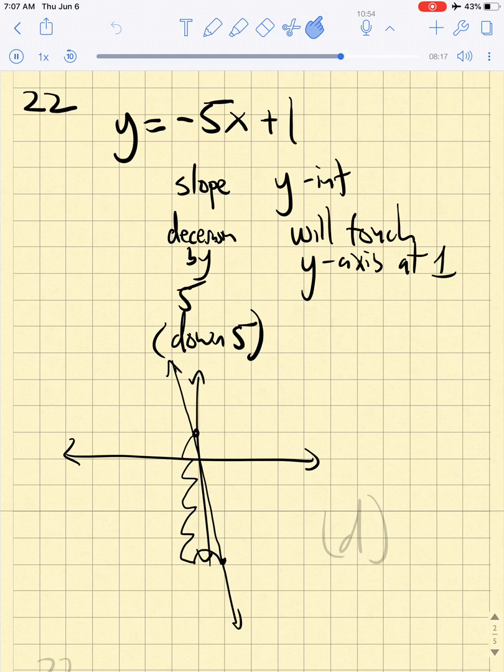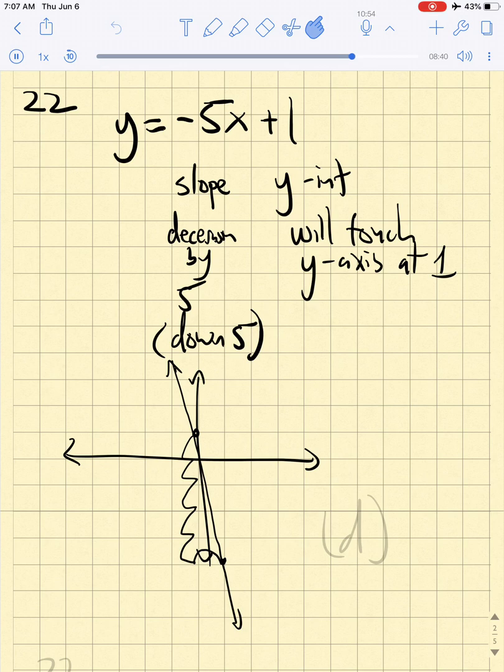So if you look at the 4 choices, which one has the very steep decreasing line with a y-intercept of 1, and then another one at 5.